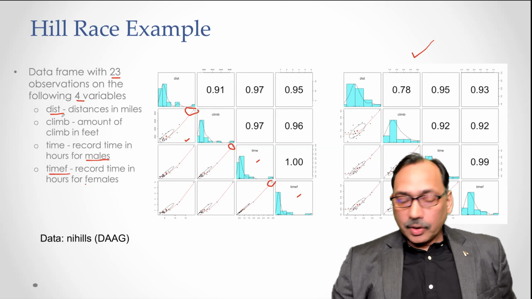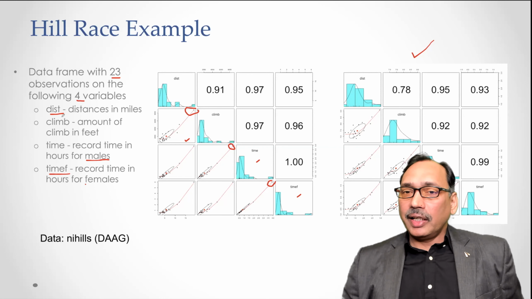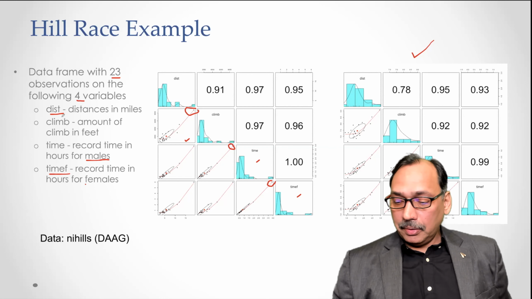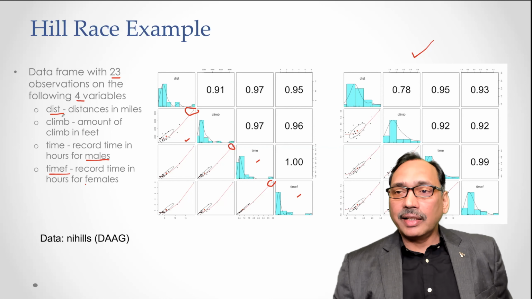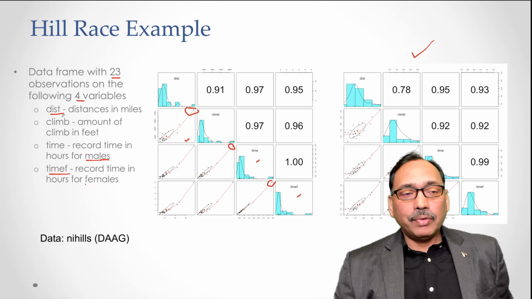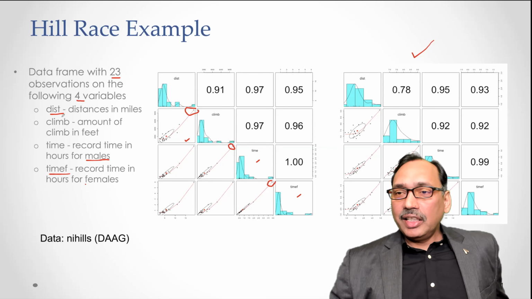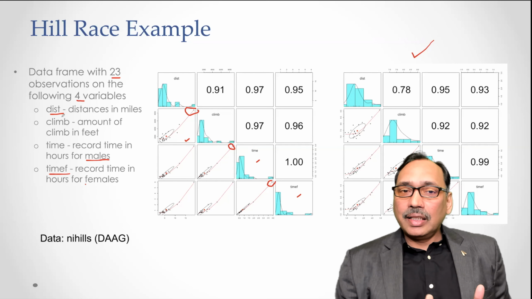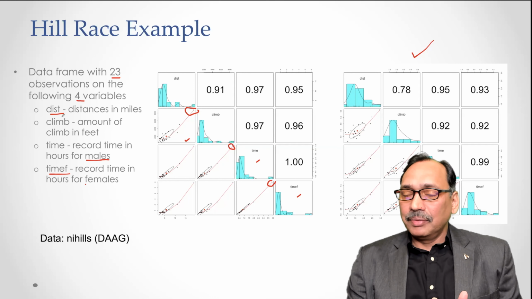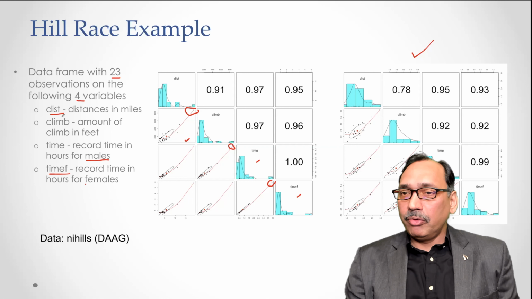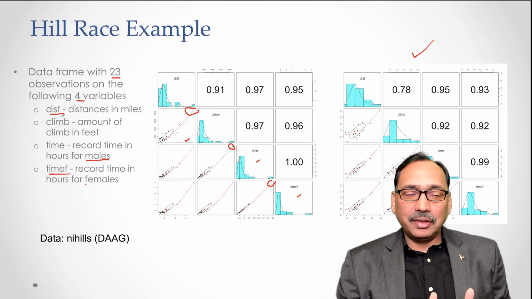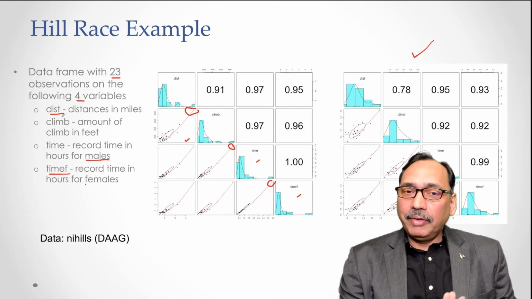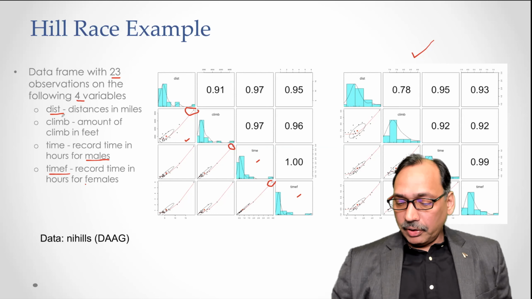If you do climb divided by distance, you are averaging out the values in a certain way, and you are looking at a much better variable than just the climb, because climb by distance will take care of distance also. A given climb for a large distance versus a given climb for shorter distance runs can make a big difference, because it will be much steeper if you have the same amount of climb in a shorter run. So that will be more difficult than if it is spread out in a longer run.